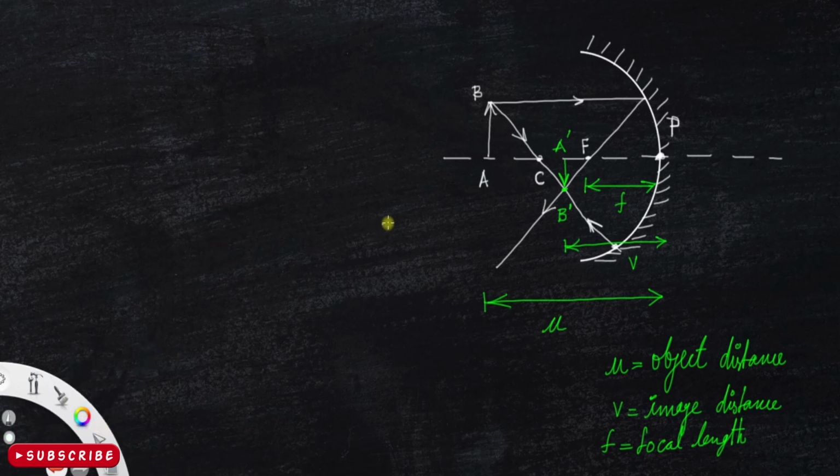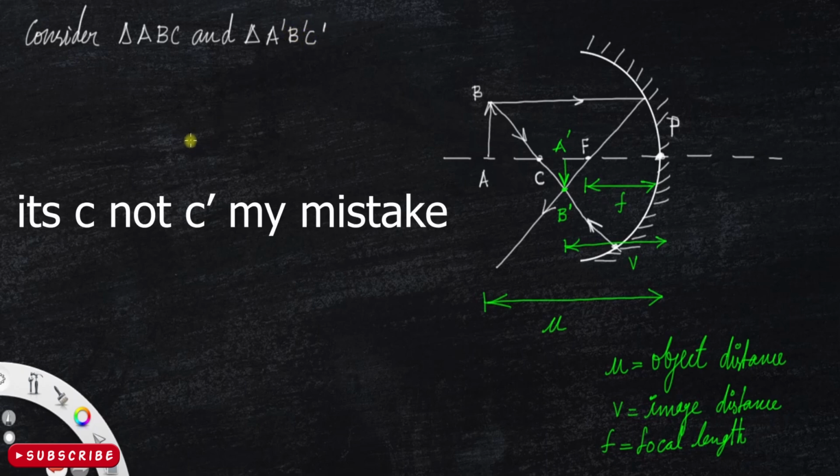Now we need to consider the property of similar triangles to derive the equation. For that, first let's consider triangle ABC and triangle A dash B dash C. Let me draw that triangle here.